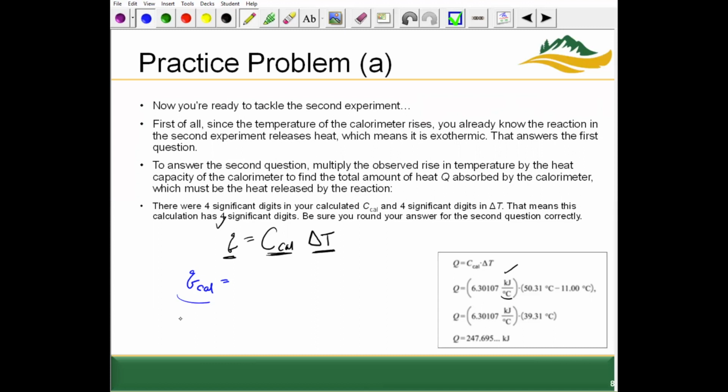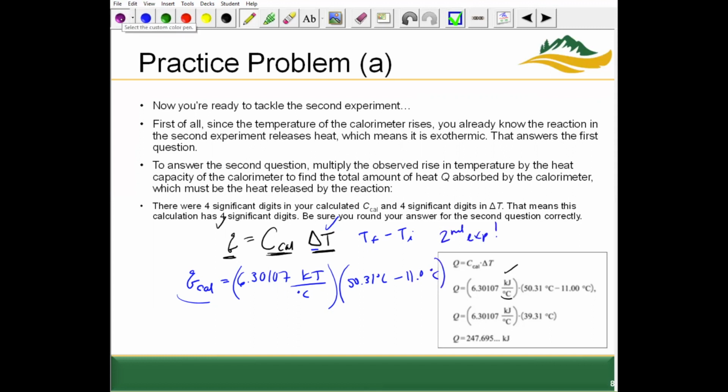So how much heat for the calorimeter specifically is based on the heat capacity we found on the last slide, so in kilojoules per degree C, and based on the temperature change in that second reaction. Temperature change, or anything with a delta out front, is final minus initial, so T final 50.31 degrees C, T initial 11.0 degrees C. This is for experiment number 2.